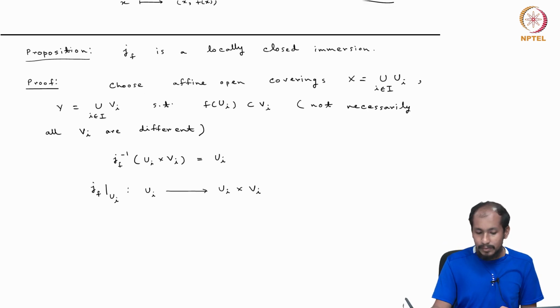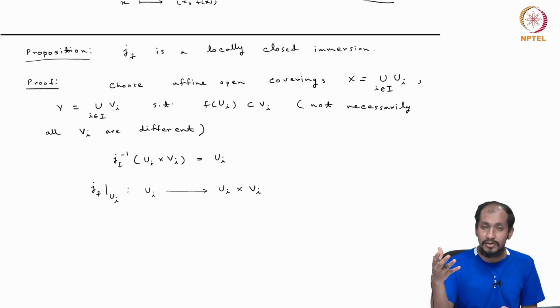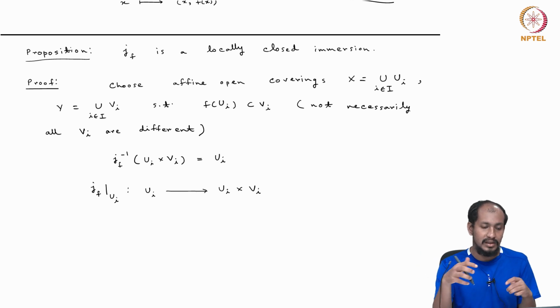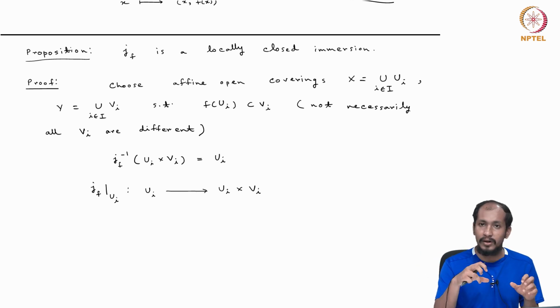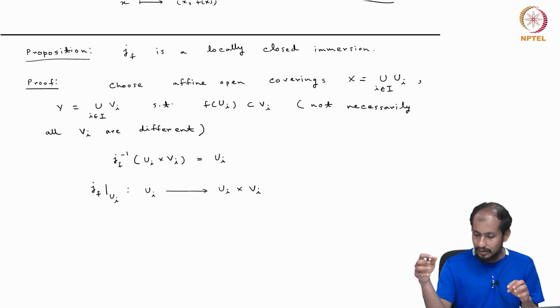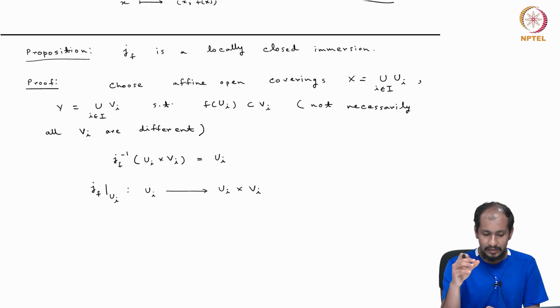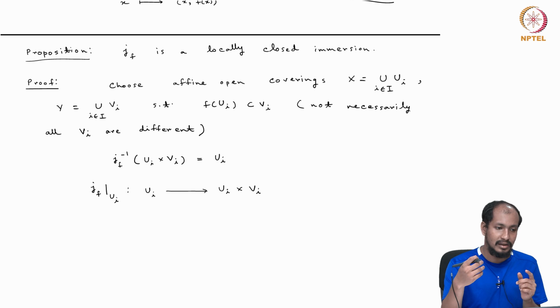If you remember how we constructed the product of two pre-varieties, we took affine open covers, then took the product of two affine varieties, then did some gluing. The product of two affine varieties comes from the tensor product of the corresponding coordinate rings.